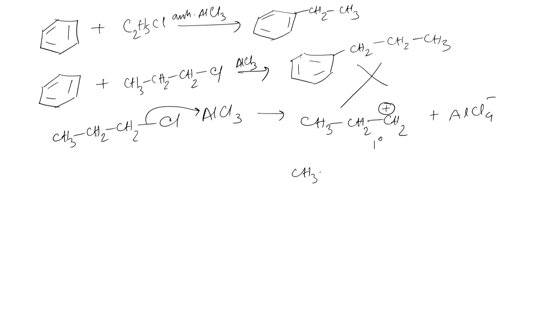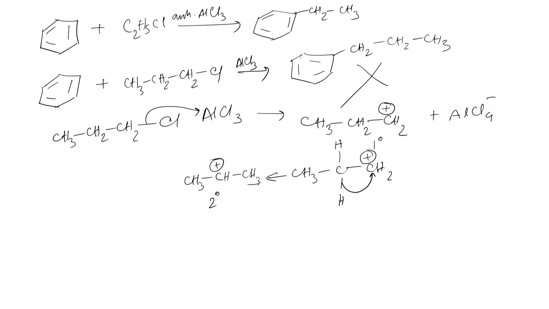Now rearrangement can occur. This is a primary carbocation and this carbon has hydrogens. One hydrogen will migrate here and a secondary carbocation will be formed. The driving force of this rearrangement is the stability of the carbocation.